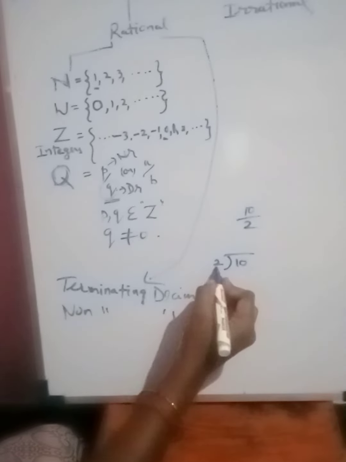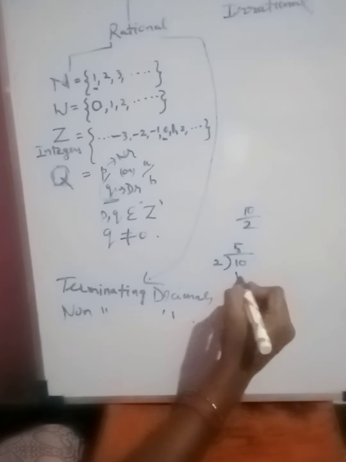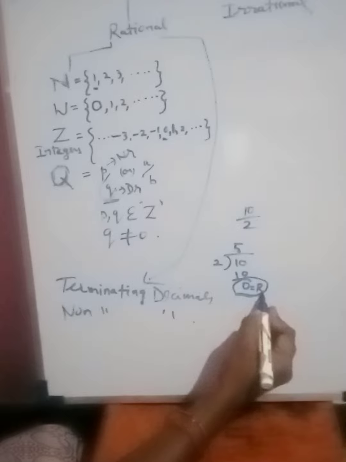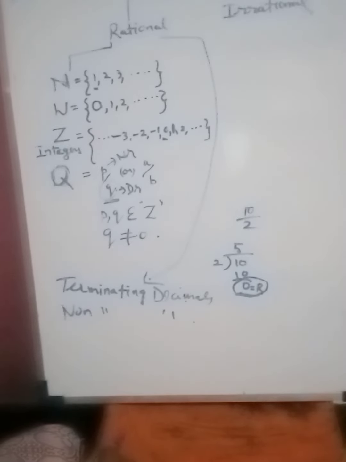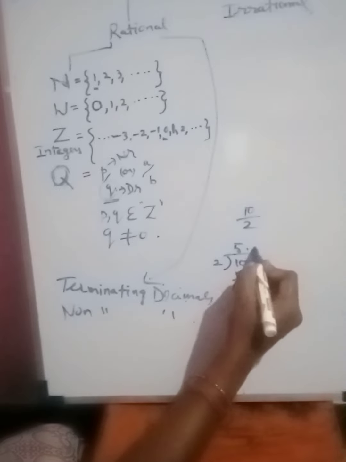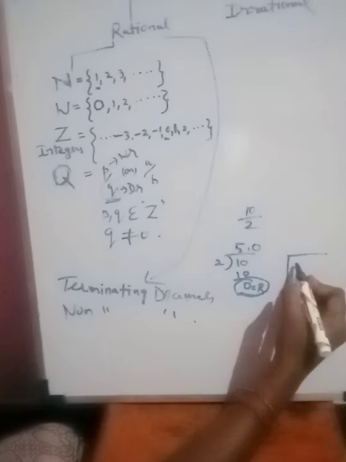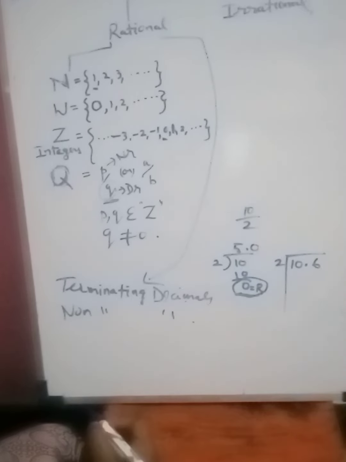How many times 2 makes 10? 5 twos are 10. What is the remainder? The remainder is 0. If the remainder is 0, it is called a terminating decimal. 5.0 is the answer.